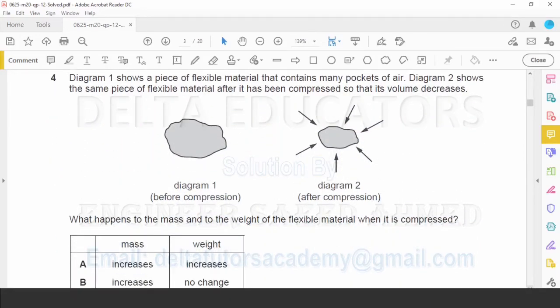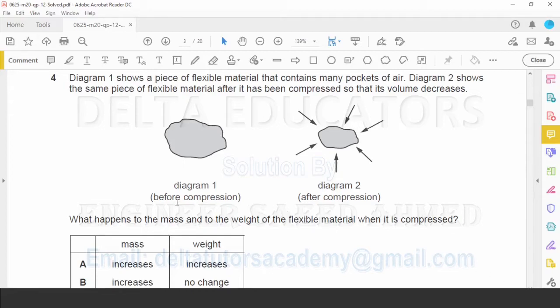Question number 4. Diagram 1 shows a piece of flexible material that contains many pockets of air. Diagram 2 shows the same piece of flexible material after it has been compressed so that its volume decreases. What happens to the mass and to the weight of the flexible material when it is compressed? Mass always remains constant.